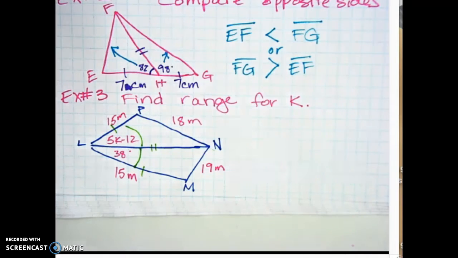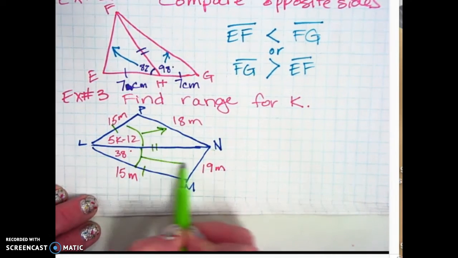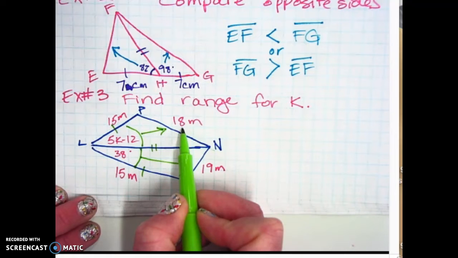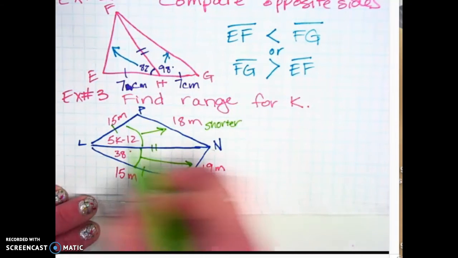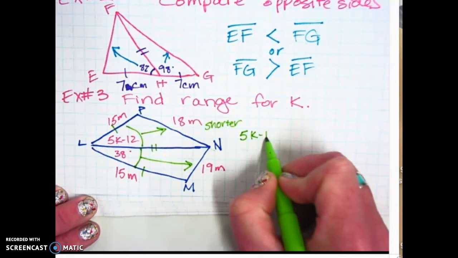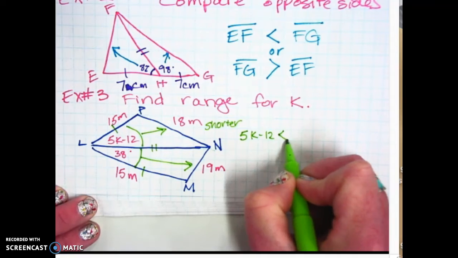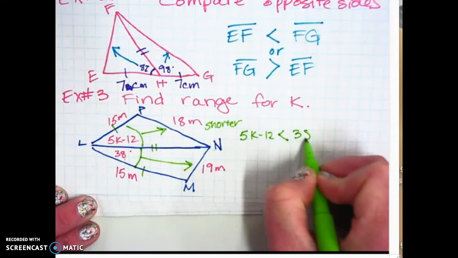Is it less than or is it greater than? So you look at the opposite sides. So this side is shorter, right? That means this angle, 5K minus 12, should be less than this angle, which is 38 degrees.